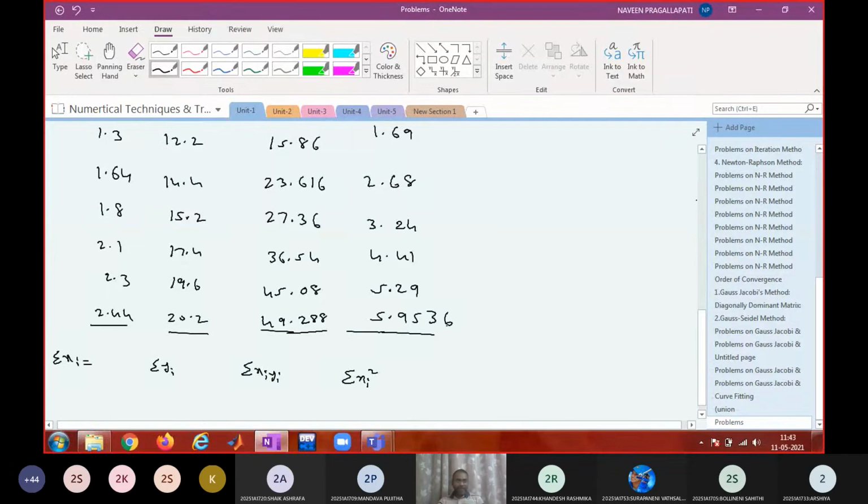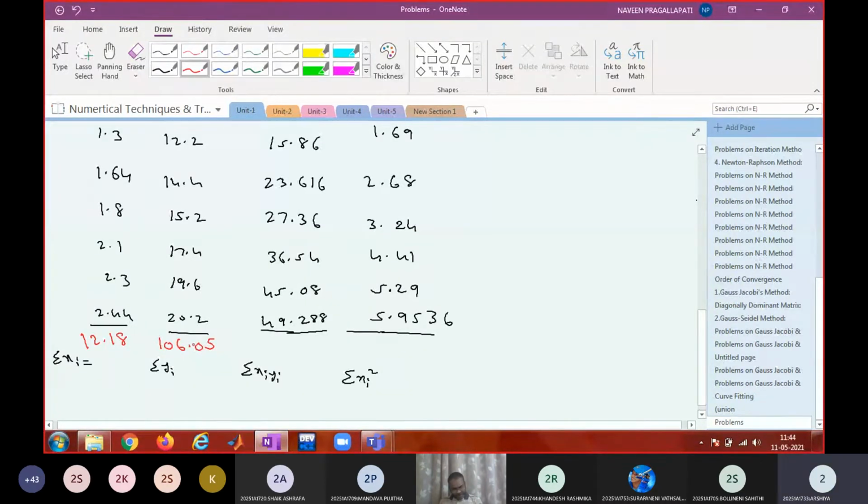Now if I compute the sum, find out each column sum. Sigma xi is 12.18. Sigma yi is 106.05.